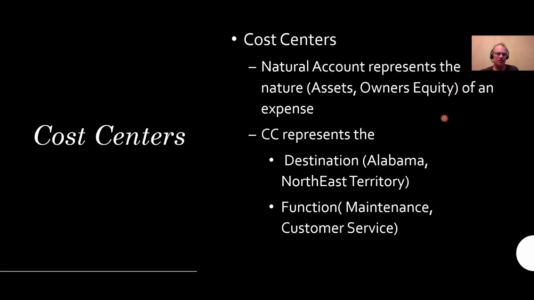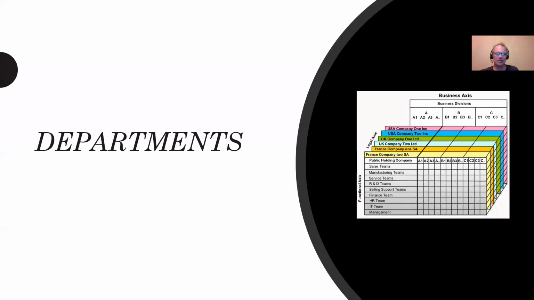And then there's the cost center, which represents the destination. It can represent the destination, which is Alabama or the Northeast Territory, for example. Or it could represent the function, maintenance, customer service. So that's how you want to design cost center.